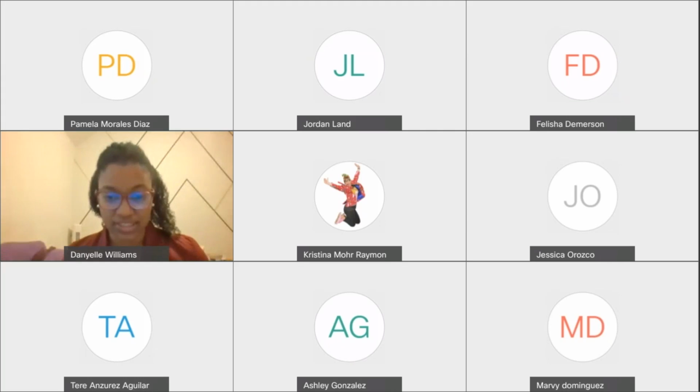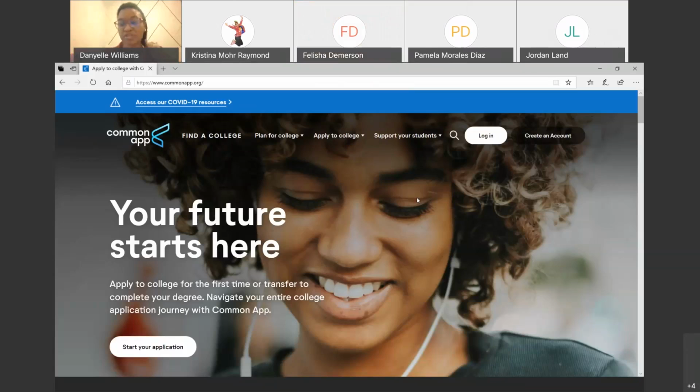Alrighty, so give me just 1 second and we'll go ahead and pull up the Common App. Alrighty, there we go. So as I mentioned, the Common App is going to be pretty similar to the ApplyTexas.